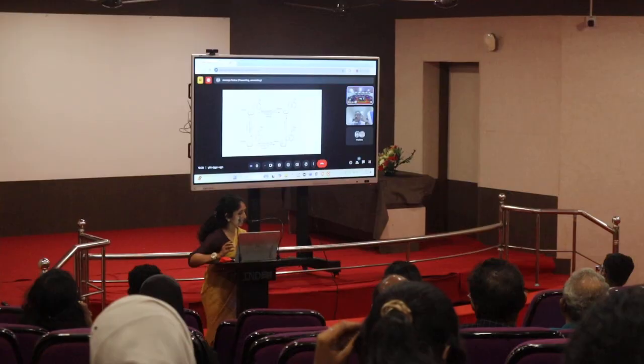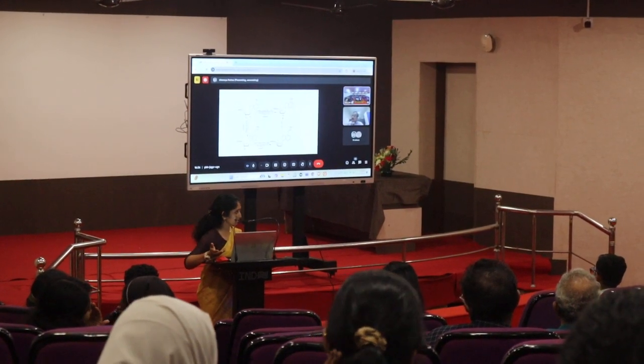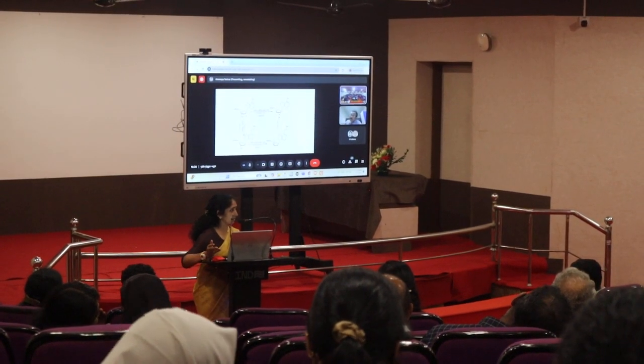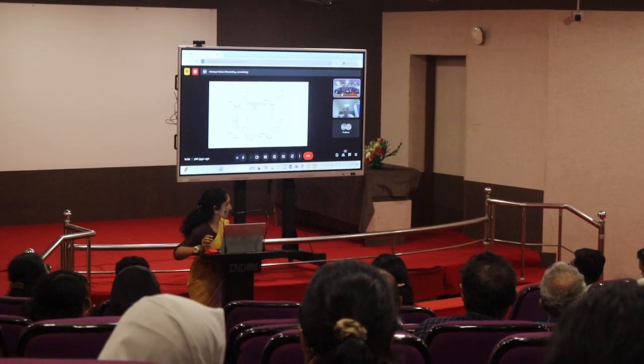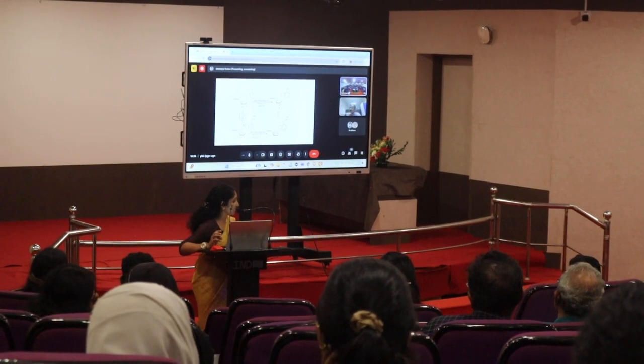So we suggest there is no need to do that protection, because we are getting the same yield without protecting that particular group. So we suggested a greener and simpler alternative for that phosphorylation strategy.